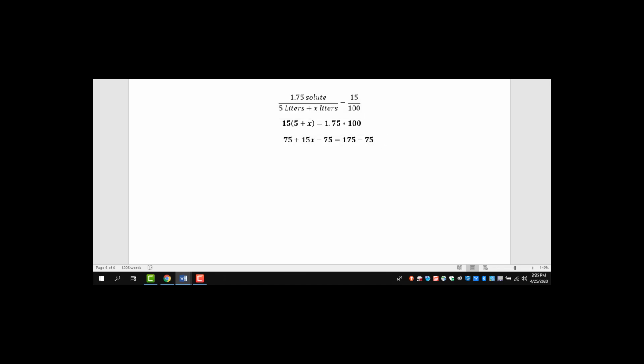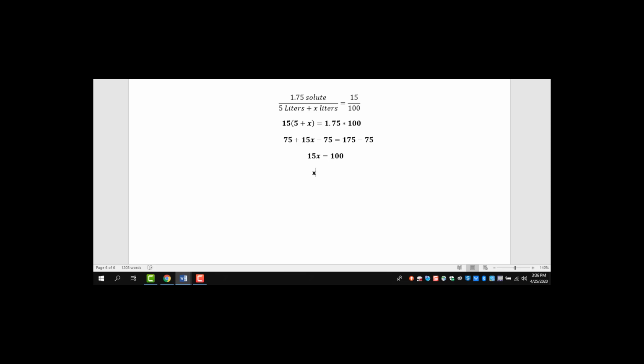So now I'm going to have 15X equals 100. Hopefully you know now to divide both sides by 15.